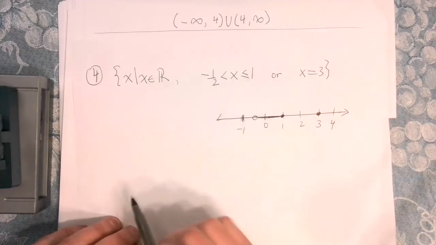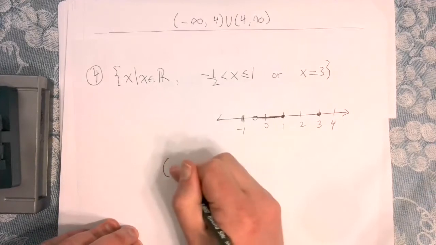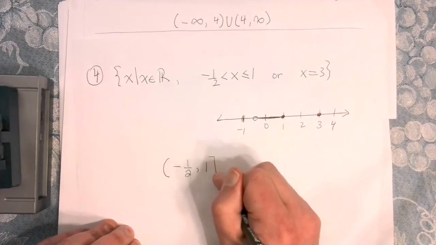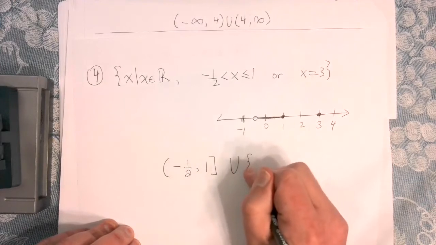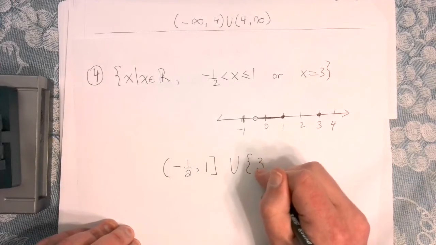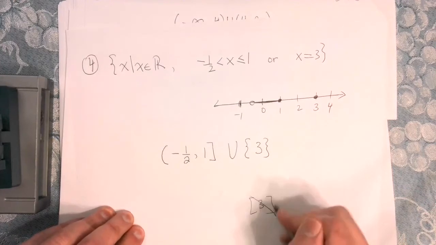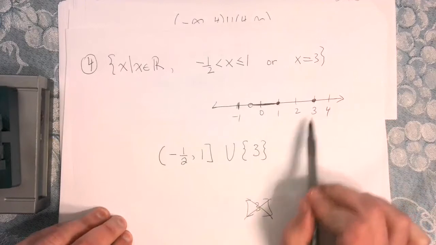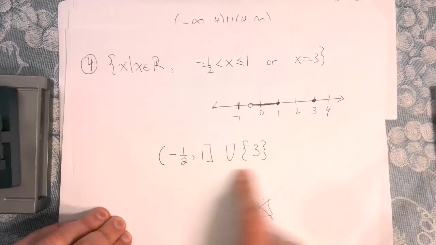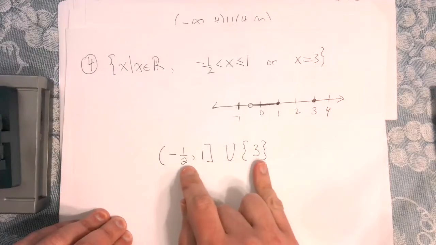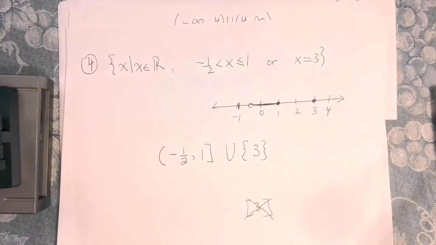And the or reminds me of union. So in interval notation, we have the following. Notice that I don't write this. That's a singleton set. And this is exactly this set expressed as the union of two sets, an interval, and a singleton set, which is just fine.